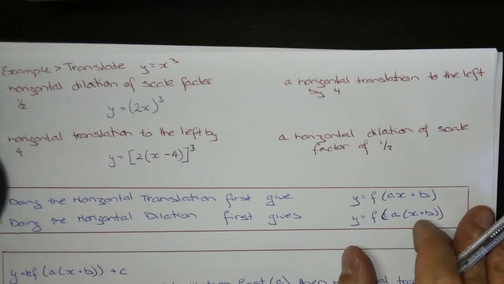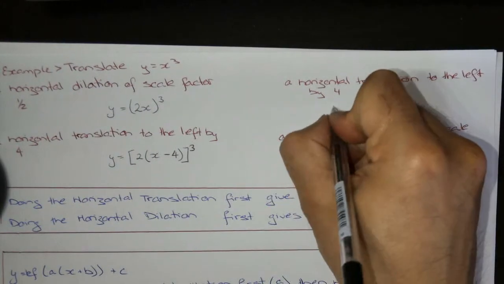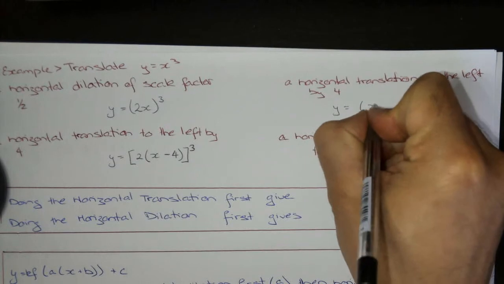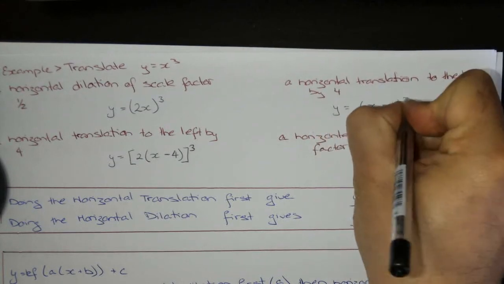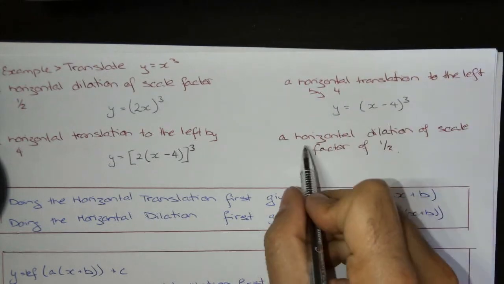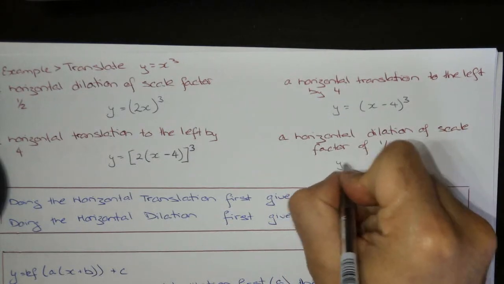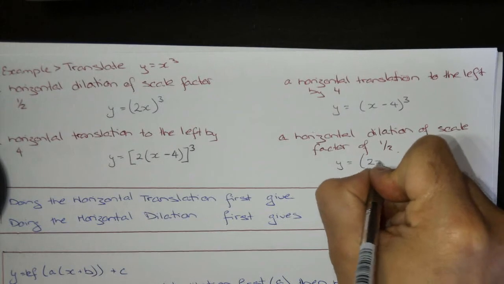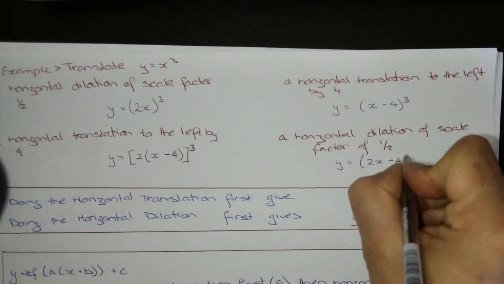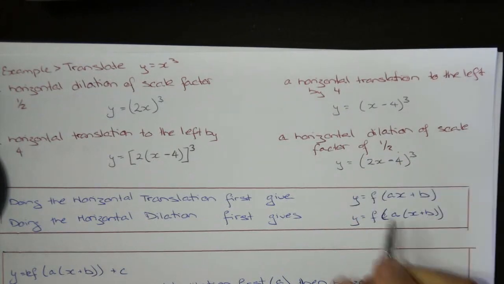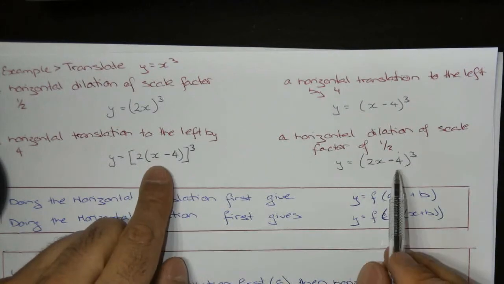Let's try the other way around. If we have a horizontal translation to the left by 4, we would get (x + 4) cubed. And then to apply the horizontal dilation of scale factor 1/2, we'll get y = (2x + 4) cubed. So once again, these are not the same.